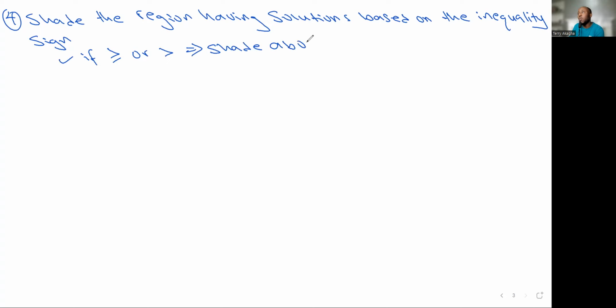Okay, this is very important. Now, if the inequality sign you had was less than or equal to, or less than, then you have to shade below the line.